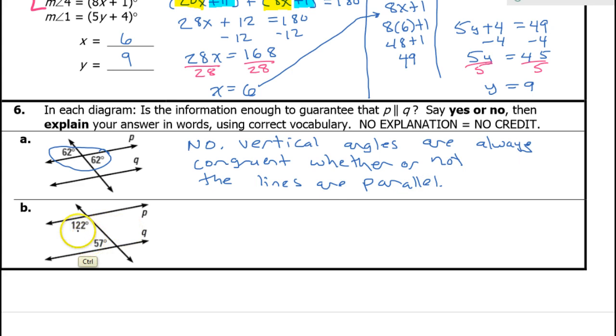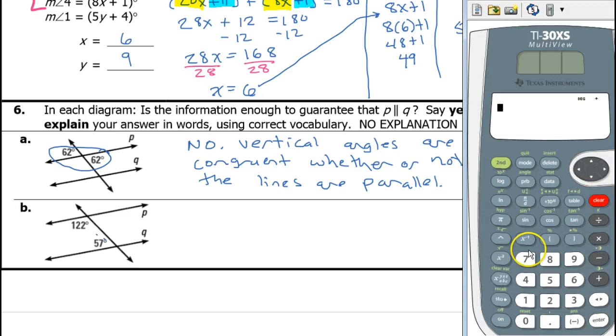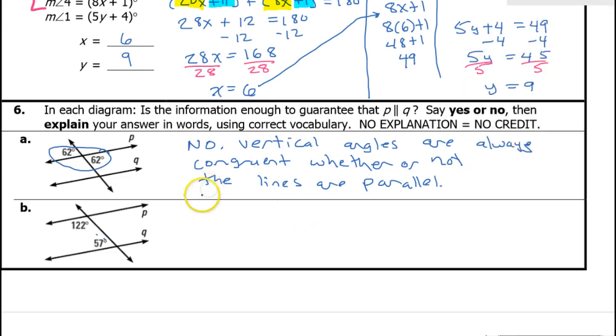Okay, what about this? First of all, look, these are consecutive interior angles. If these are supplementary, then that means I have parallel lines. So let's add them up and see if it makes 180. If I have 122 plus 57, that's 179. That's not 180.